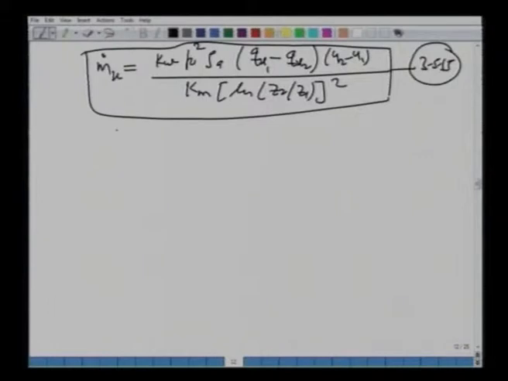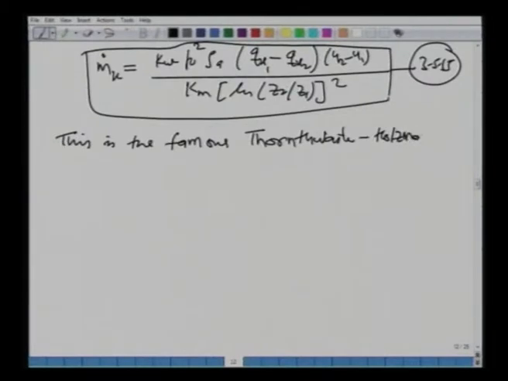But before we go to that, I must point out that this is your famous equation, which is named after Thornthwaite Holzmann. That is the name of this equation, the Thornthwaite Holzmann equation. It was developed by these gentlemen in 1939. We need to measure q v, we need to measure u at different heights.